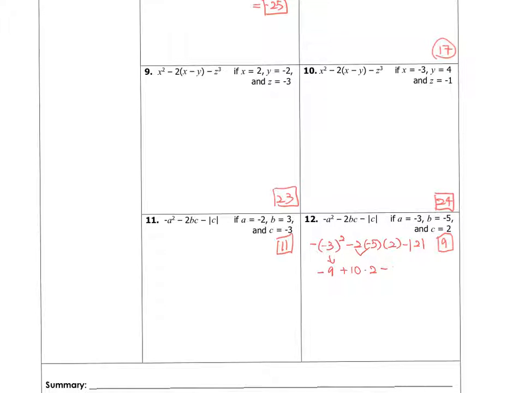Now, absolute value of 2 is still 2. So this becomes minus 9 plus, that's not 12, sorry about that, that should be 20, minus 2. So your final answer is 11 minus 2, which should give you 9, which matches our answer key here.